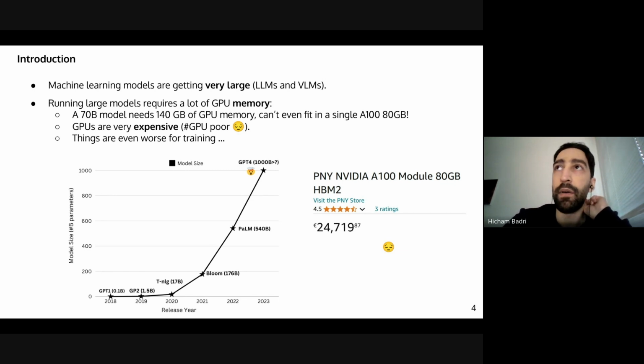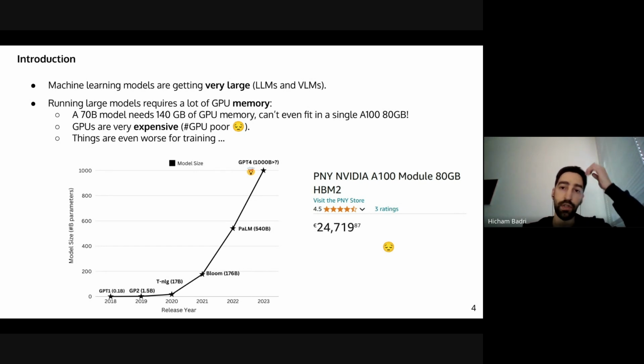And right now everyone is using some kind of quantization, either to reduce VRAM usage or to accelerate inference, or both. And obviously things are much worse for training. So honestly, without quantization, I don't think LLMs would have become this popular. So it's actually a very, very important and hot topic, as I said.